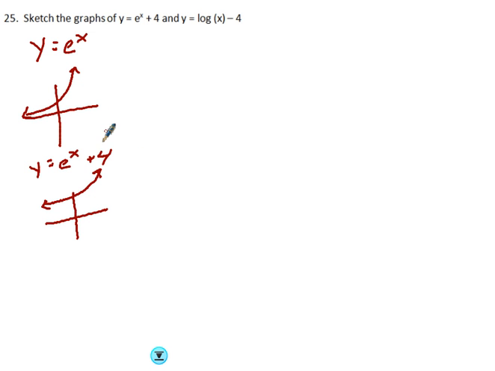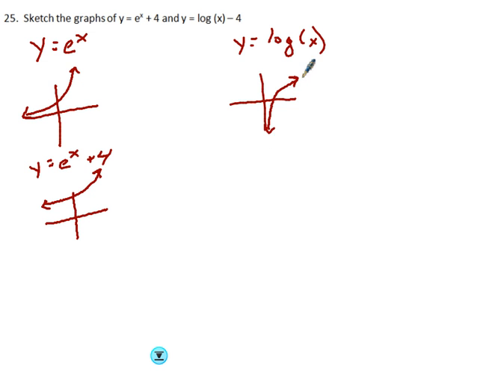To be a little bit more accurate, you would draw some points, pick a couple points out like your intercept, and go from there. For y equals log x minus 4, this is a lot like y equals log of x. And the parent function y equals log of x looks something like this. Kind of like that.